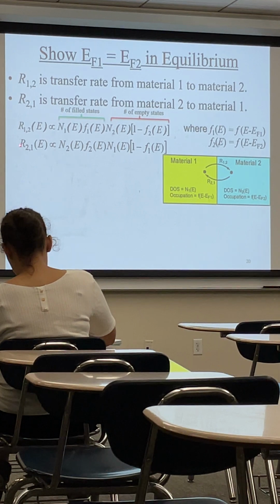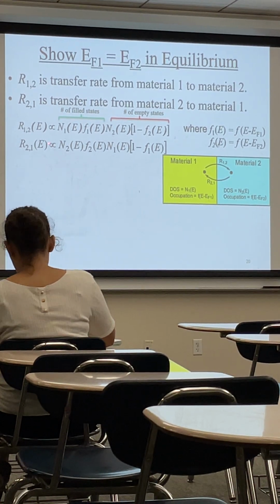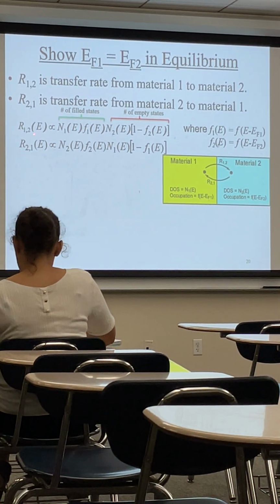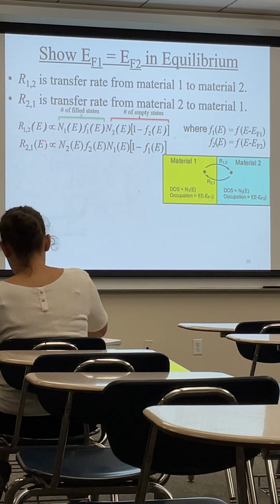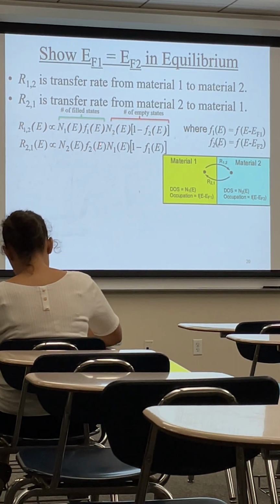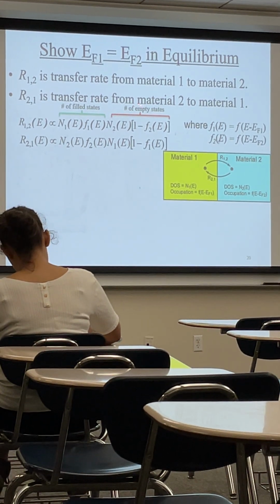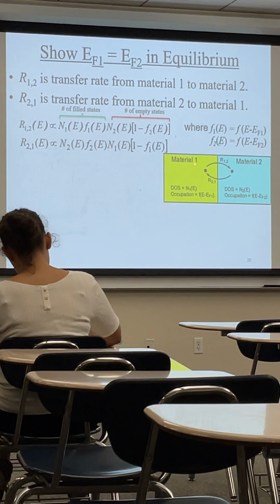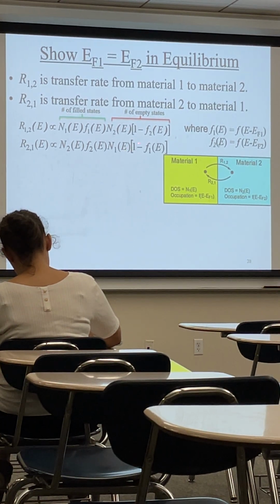Similarly, the transfer rate from material 2 to material 1 will be proportional to the number of filled states in material 2, which is N2 times F2, and also proportional to the number of empty states in material 1, which is N1 times 1 minus F1.